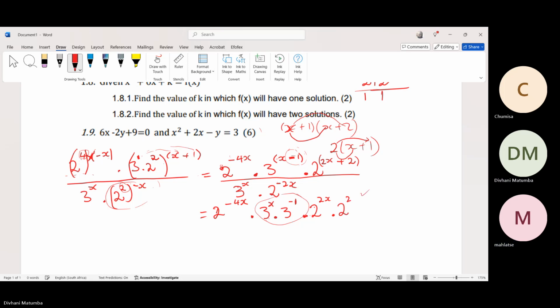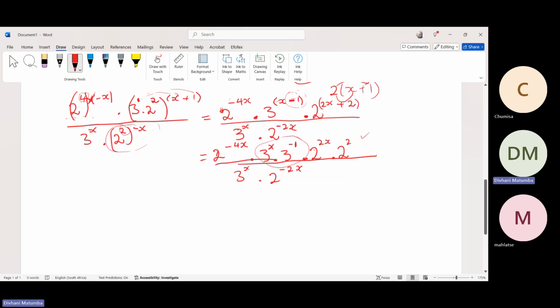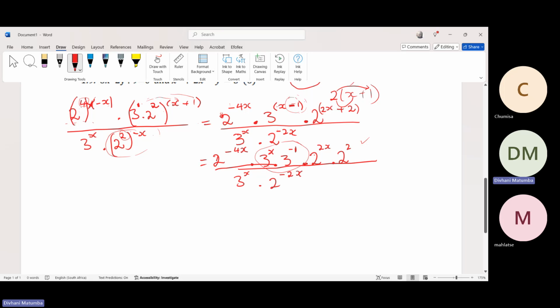Correct. Do you agree? Yes, sir. Now the bottom one will repeat 3 to the power of x, then times 2 to the power of minus 2x. Now from here, I think it has become very easy. I'm sure everyone can do it. Isn't it easy at this point?